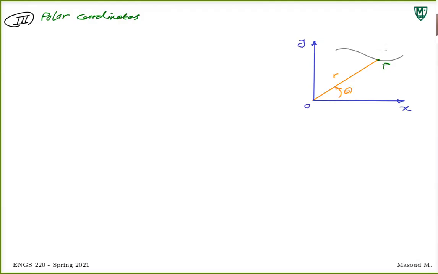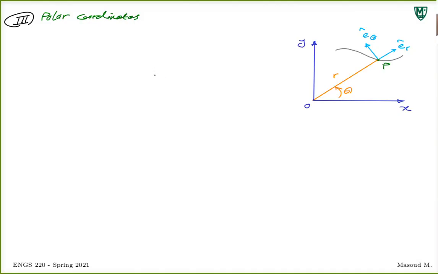Your polar coordinate ER points in the direction of the radial line from the origin to point P, right? This is ER. And this would be your E theta, perpendicular to ER and pointing in the direction of increasing theta. So theta is increasing this way, and we get E theta in this direction. Just as a recap, we talked about this coordinate system.